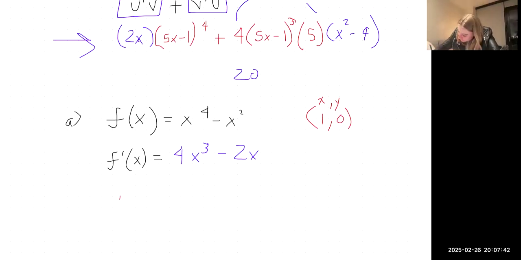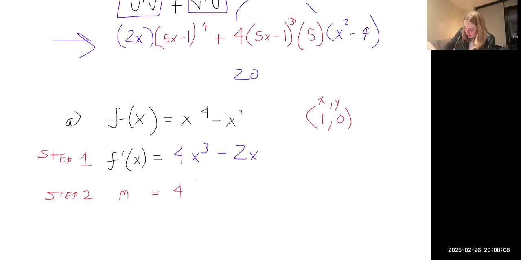Step 2, substitute. So when we substitute, we get 4 times 1 is 4.